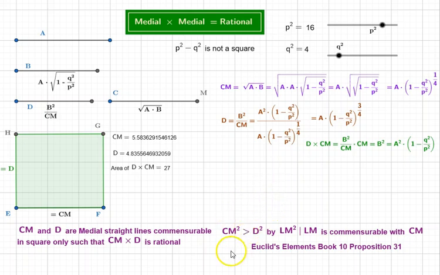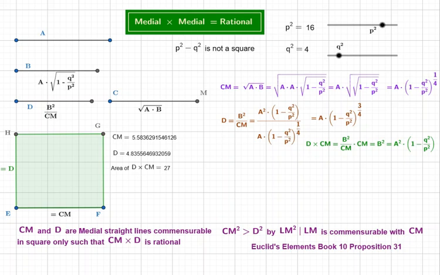Now, that's not the end of it. We also have to figure out LM such that CM square is greater than D square by LM square, where LM is commensurable with CM. So this we have seen how to figure out LM square.